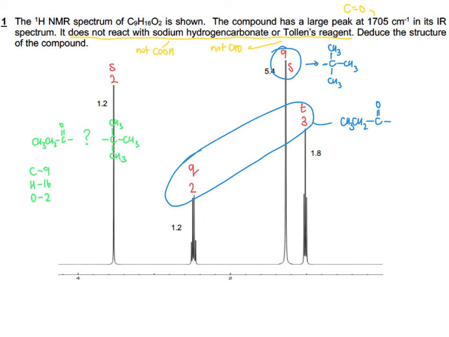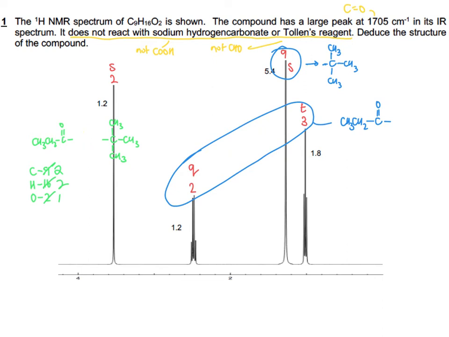So that means I have 2 left. Out of the hydrogens, I have used 3 plus 2 is 5, plus 9 is 14. So I have 2 hydrogens left, and I have used 1 of the oxygens. So I have 2 carbons, 2 hydrogens and 1 oxygen still to use.